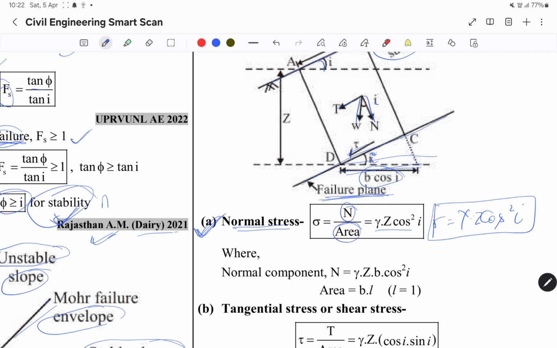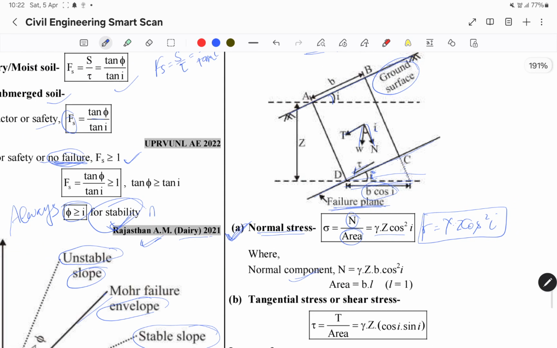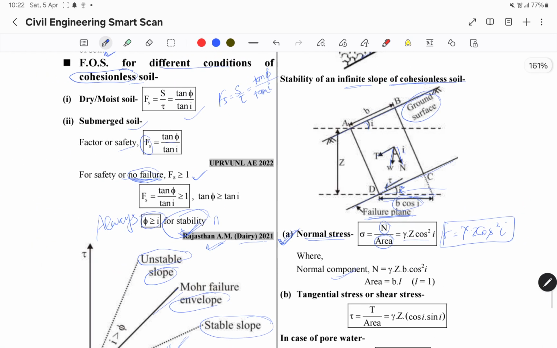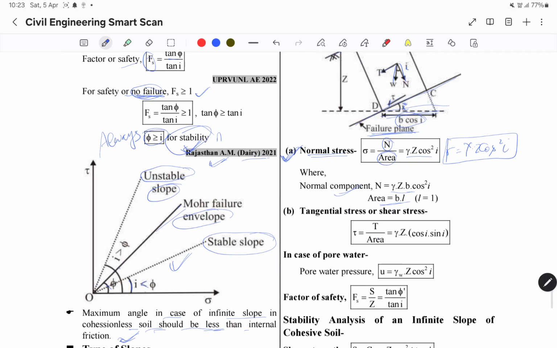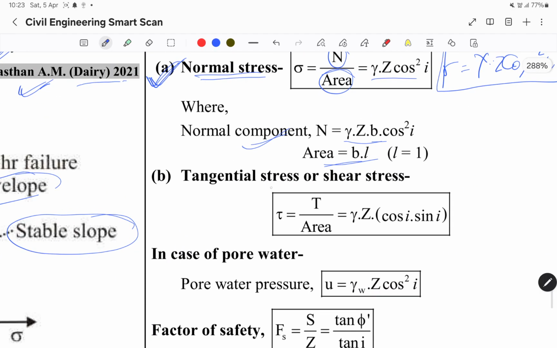Normal component is gamma into z into b cos square i, and area is b into l. Tangential stress or shear stress tau is equal to T upon area, equal to gamma into z cos i into sin i.